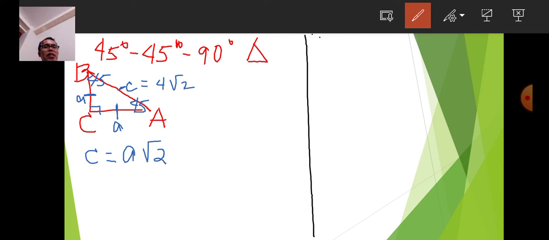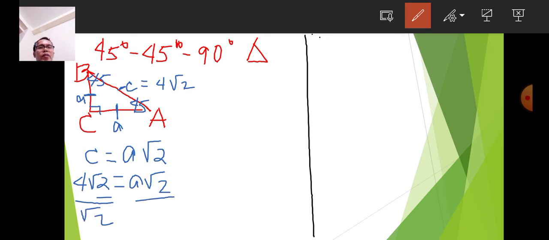But C is given, so 4 square root of 2 is equal to A square root of 2. Dividing both sides by the square root of 2, they cancel out, therefore A equals 4.